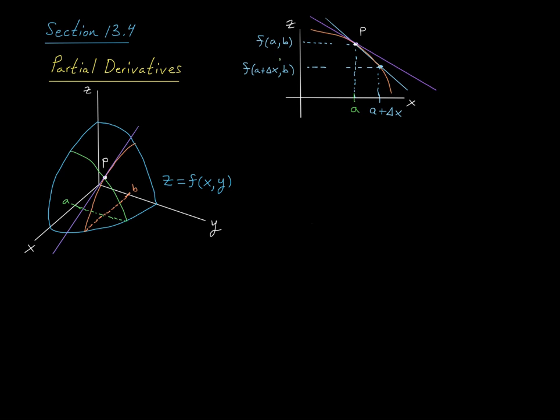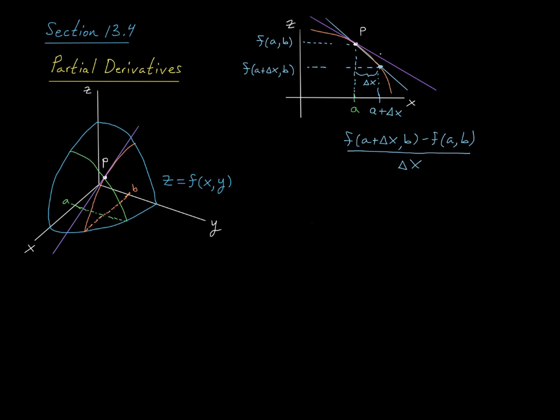Now I can write down the difference quotient for this secant line. So this would be the change in the outputs, f of a plus delta x, comma b, minus f of a, b, and then I'm going to divide that by the change in x, which is just this little gap right there.